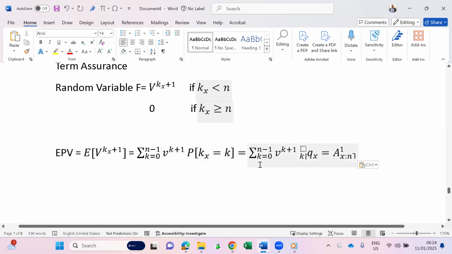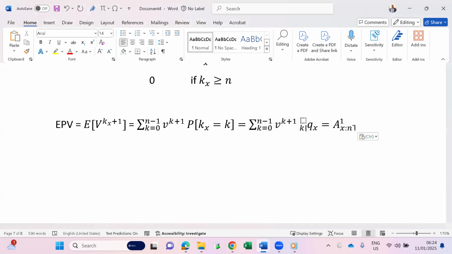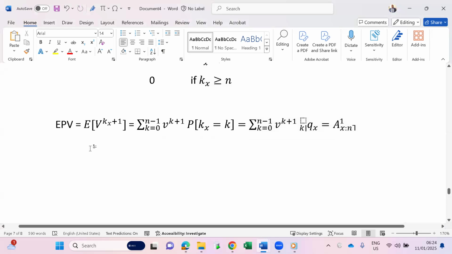And here we just define the probability of K and then introduce a new notation for the expectation, which is A^1_xn, where the 1 is on top of the x as a random variable. So that's the term assurance. We need to understand this term assurance because there's a lot of calculations from it in the exam.